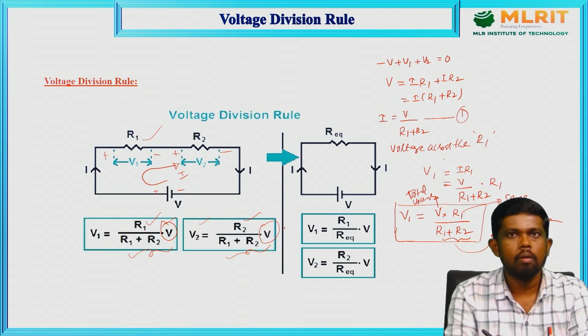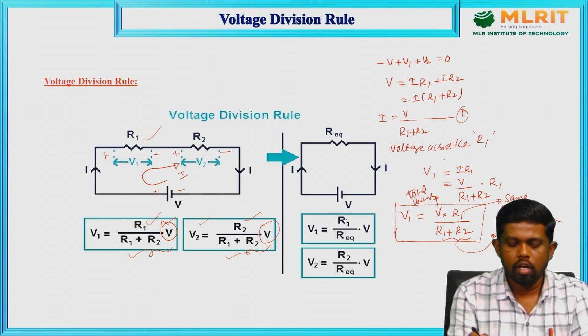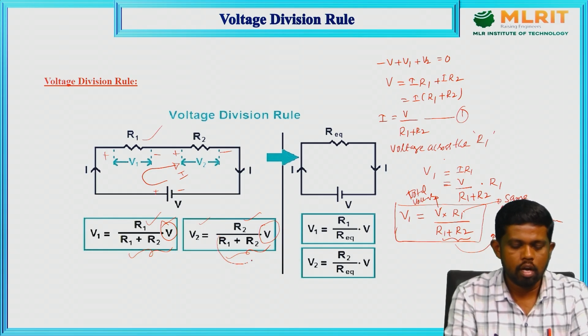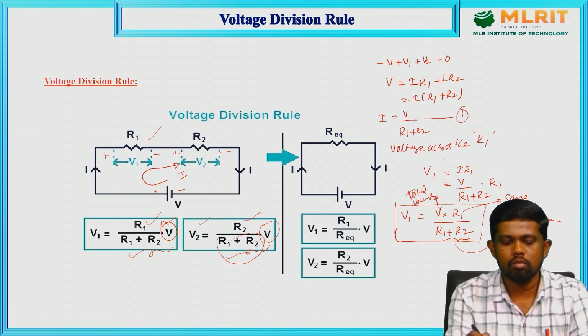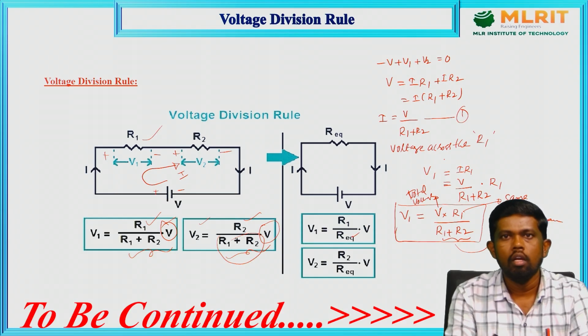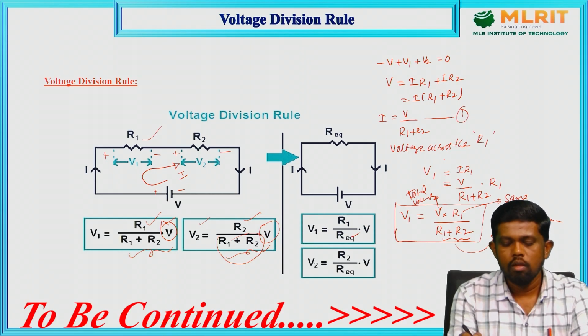Similarly, the voltage across the second element equals the total voltage times the same resistance upon the total resistance. It can also be written in terms of the equivalent resistance, R equivalent of R1 and R2. So V1 equals the total voltage times the same resistance upon the equivalent resistance. This is the formula of the voltage division rule.